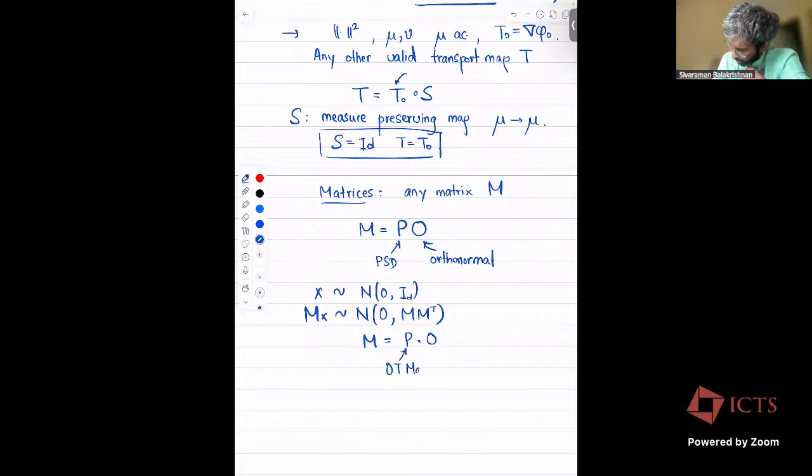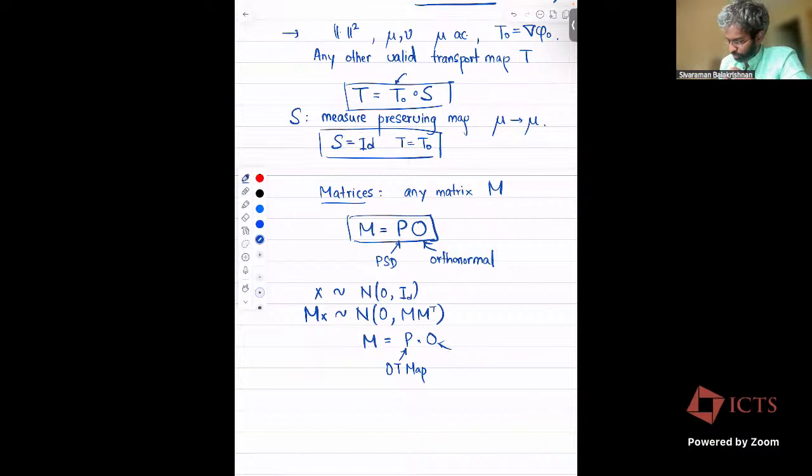And then there'll be some extra orthonormal piece, which is the measure preserving piece. If I take an orthonormal matrix and apply it to X, I still get out a Gaussian. So this decomposition for the case of transporting Gaussians recovers the polar factorization of matrices, but the polar factorization theorem holds much more generally.